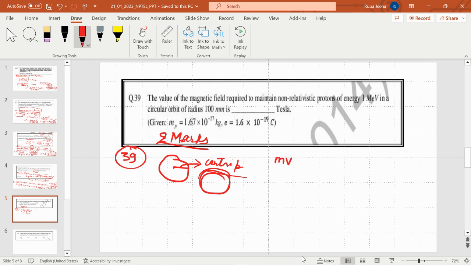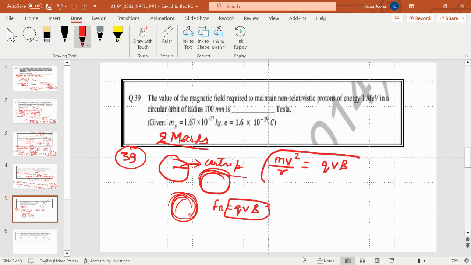And you know the centripetal force is mv square by r, and when the particle is in motion, like in circular motion, the magnetic force is qvB, right? So the qvB, now I have given you this formula, and from this formula you can find out the magnetic field, and it's very easy.